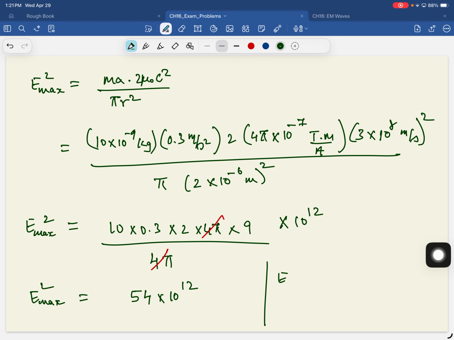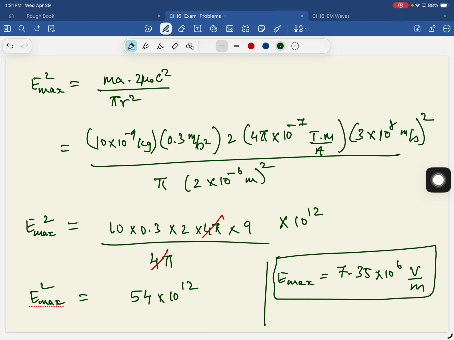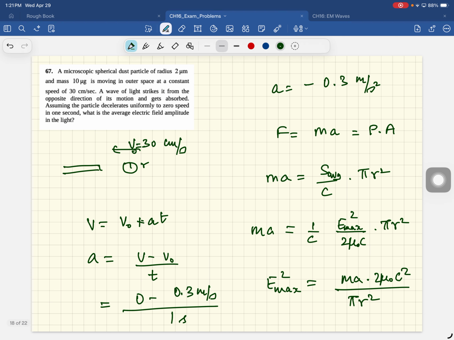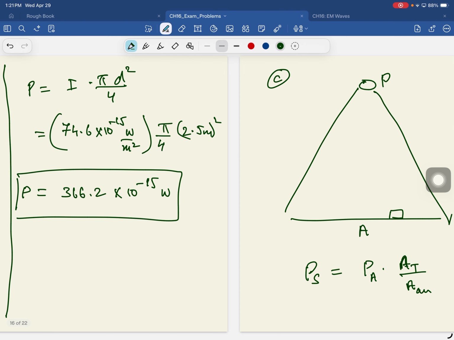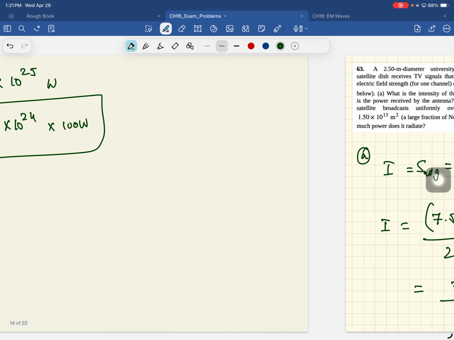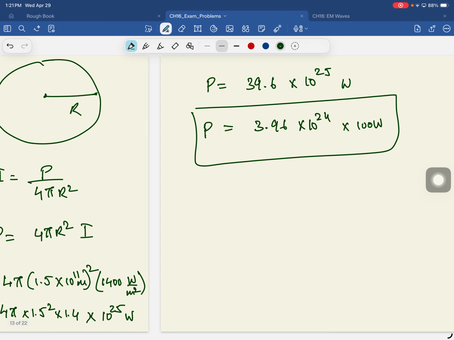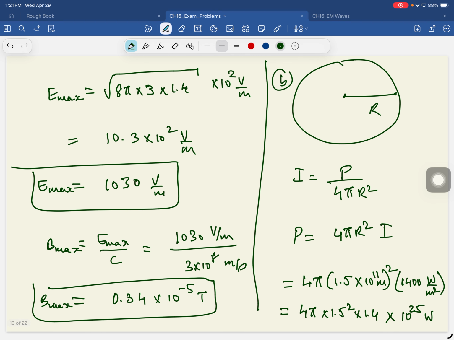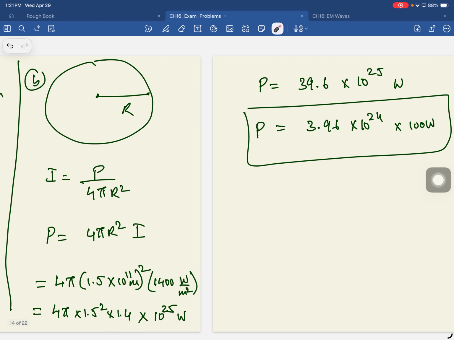So E max is equal to 7.35 times 10 to the 6 volts per meter. And let's look at, so you saw in one of the previous problems, the amplitude of the electric field of sunlight at Earth is 1000 volts per meter.